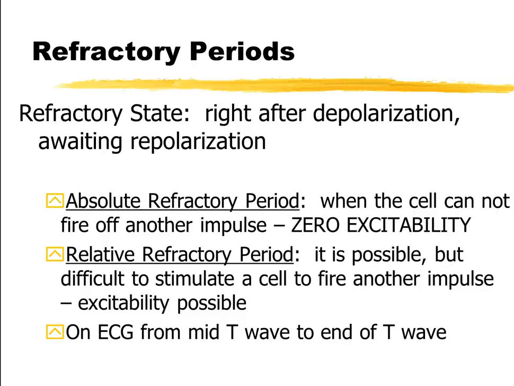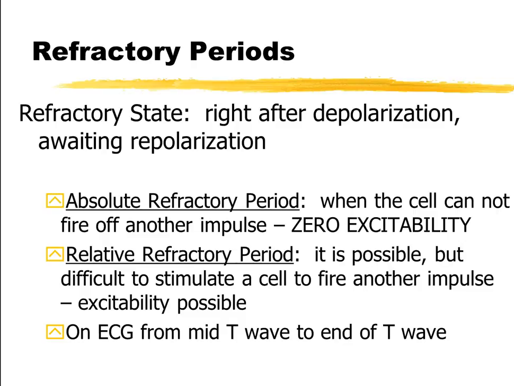Now there's a refractory period, and that stays right after depolarization. Before it can depolarize again, it has to begin that process. The absolute refractory period is when the cell cannot fire off another impulse. It cannot switch those ions around. There's no way it can happen. There's zero excitability.